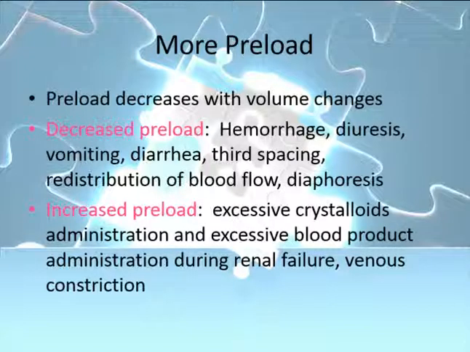Decreased preload, for example, is a result of things like diuresis, hemorrhage, diarrhea, vomiting, third spacing, any redistribution of blood flow, and diaphoresis. Increased preload can result from excessive crystalloid administration and excessive blood product administration, renal failure, or venous constriction.